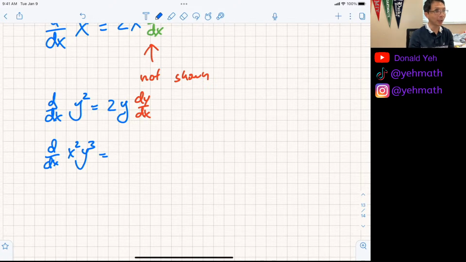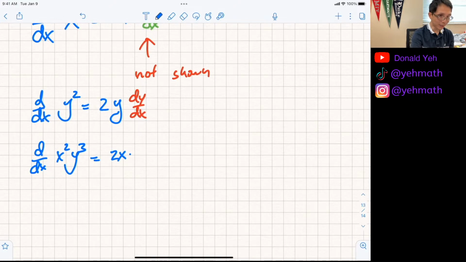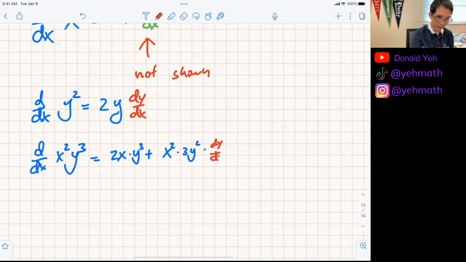Anytime you deal with y, you're going to get dy/dx. So if I take a derivative of x squared y cubed, that is going to give you 2x, because I'm just taking the derivative of x squared. I'm supposed to have a dx over dx, but I'm not writing it, because dx over dx is 1. That green is a light color, meant to show you it doesn't have to be there. So 2x times y cubed plus x squared times 3y squared times dy/dx. That was the slope.